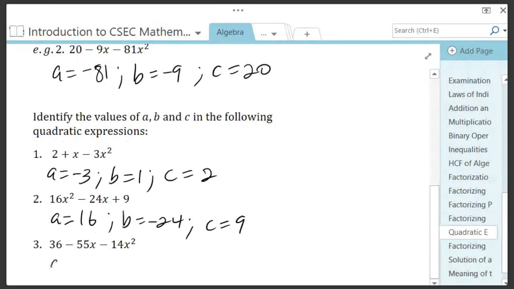Okay, for the last one here, A is minus 14. B here is minus 55. And C is 36. Okay?